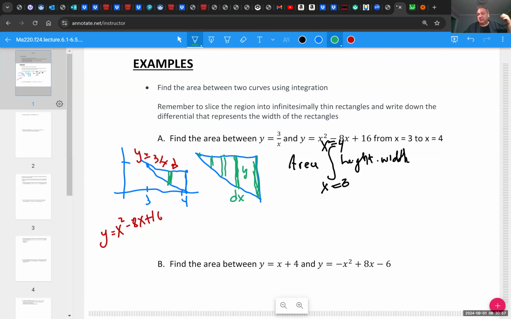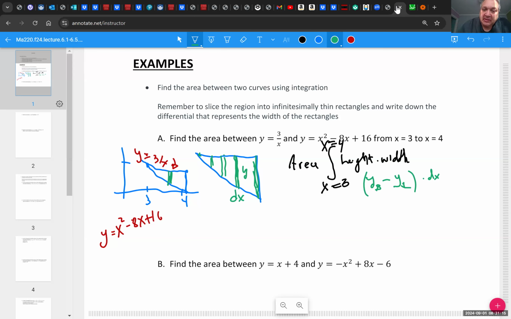In this case, you're subtracting functions. So the height is going to be a y height, but it's basically your y big minus your y little, right? It's going to be a difference of two y things. And the width, as we said, is super tiny in the x direction, so it's dx.